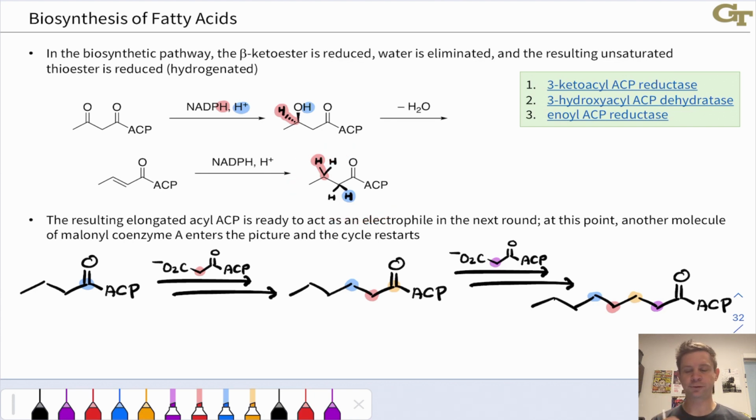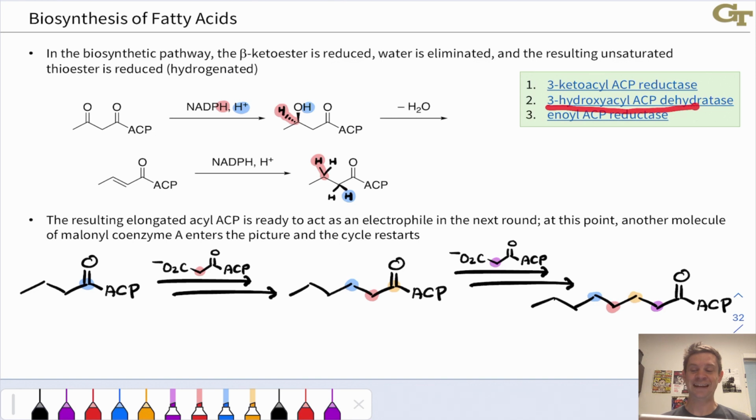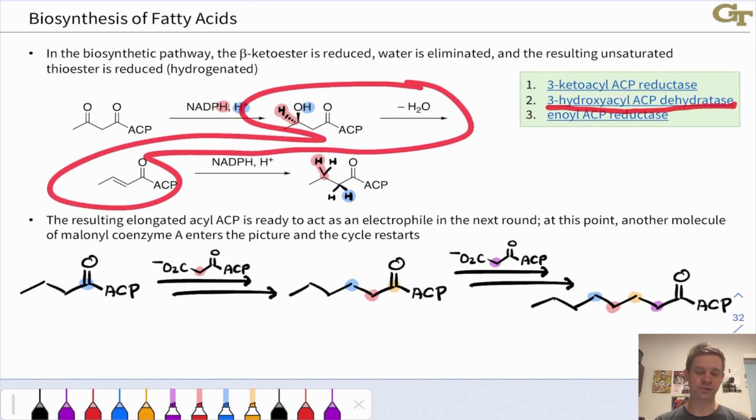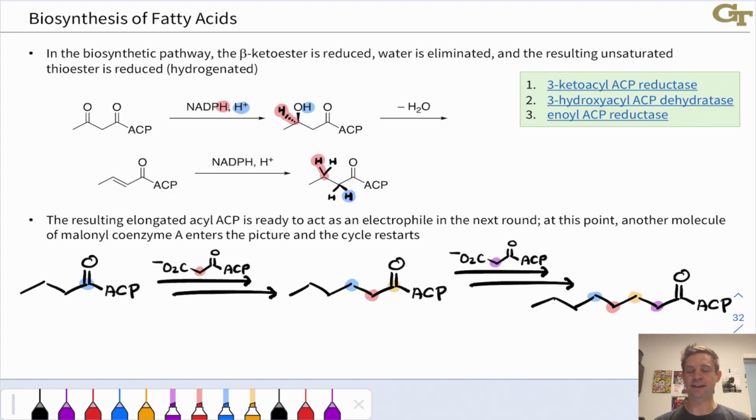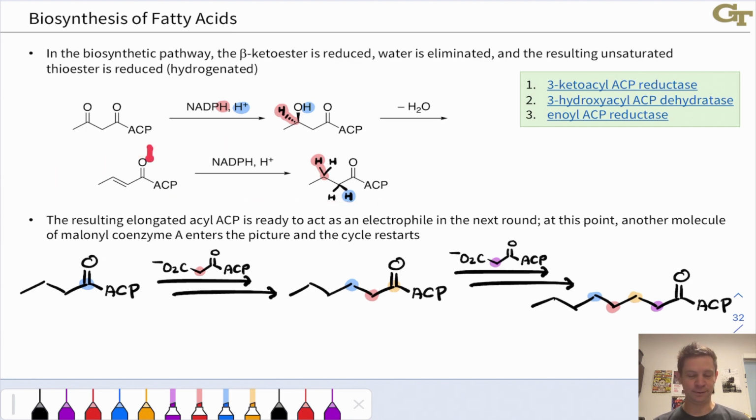And 3 enzymes are involved in this. 3-ketoacyl ACP reductase is what accomplishes this first reduction. 3-hydroxyacyl ACP dehydratase accomplishes the dehydration that we're seeing right here, and then enoyl ACP reductase accomplishes this reduction of now the enoyl ACP, right? Enoyl referring to the ene and oyl groups built into this substrate.